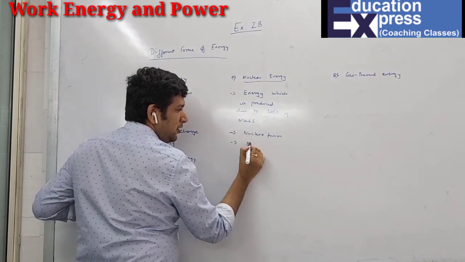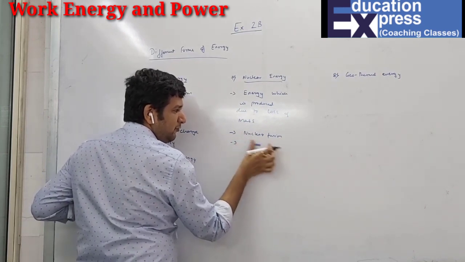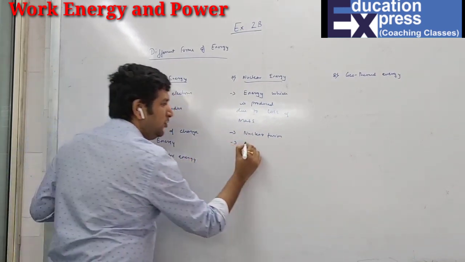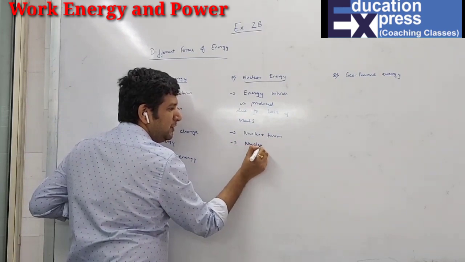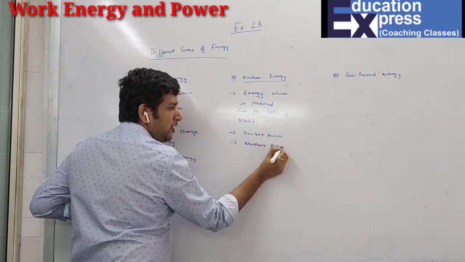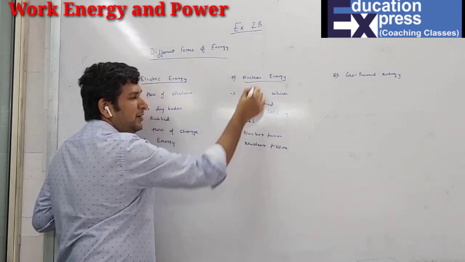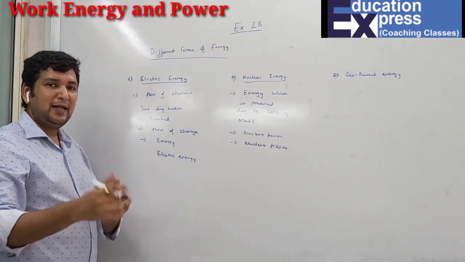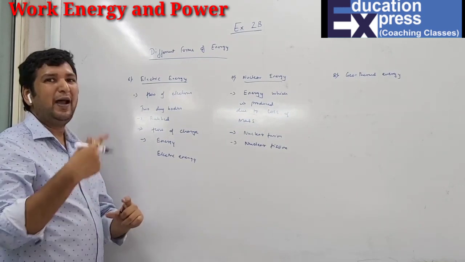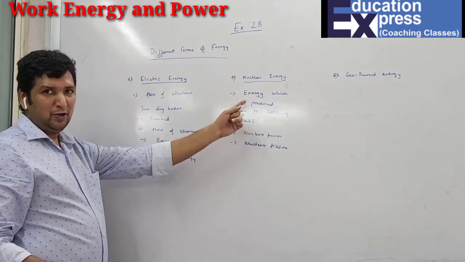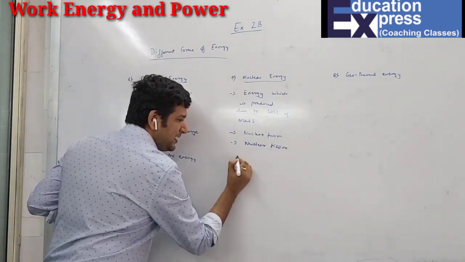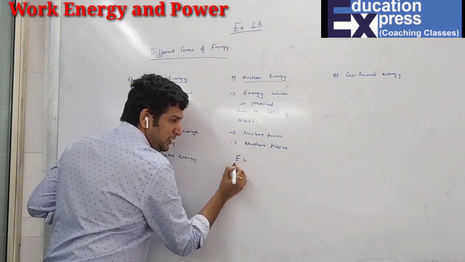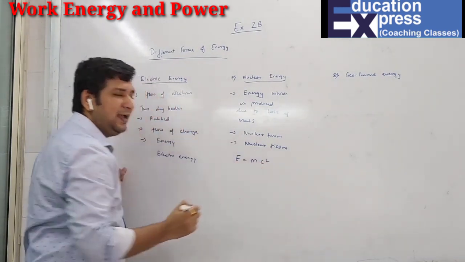Afterwards, in the last chapter, we learned about the process of nuclear fusion. Wherever nuclear energy is produced, there is always a loss of mass, and that loss of mass gets converted into energy. Such energy is said to be nuclear energy, by the formula E equals mc square.